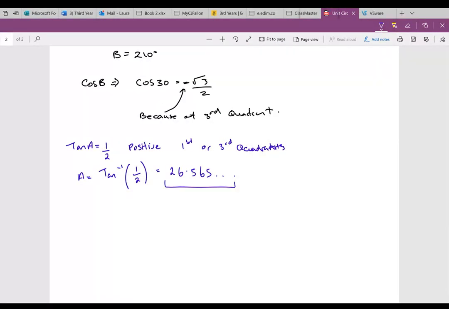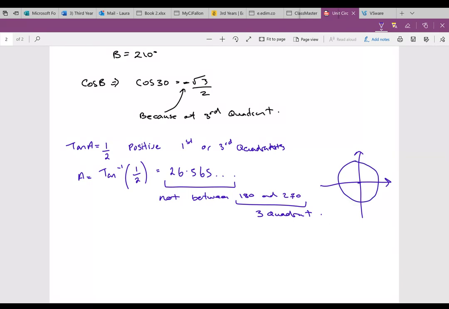So now this is not between 180 and 270. So 180 and 270 is the third quadrant. So because it's the third quadrant, I'm looking at this 26.565 to be a reference angle in here.